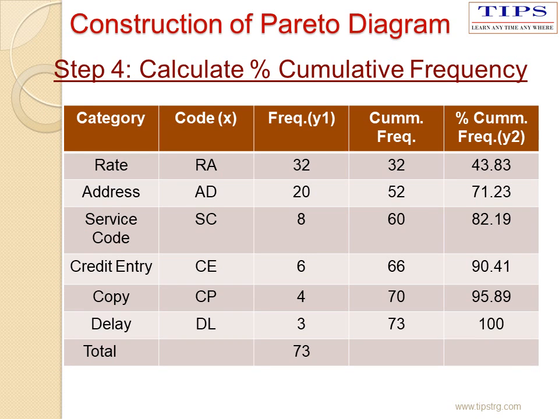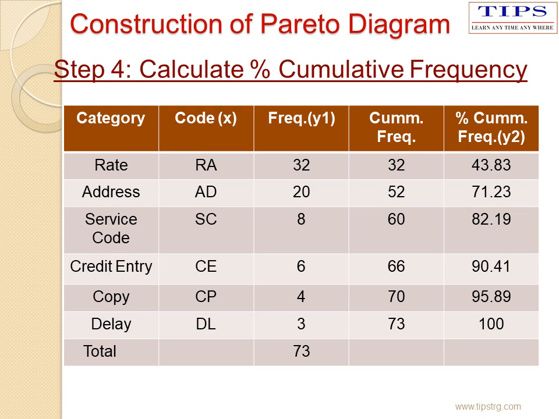Step 4. Calculate the percentage cumulative frequency. How to calculate? We will see here. For the rate, cumulative frequency is 32. Total defects are 73. So the percentage cumulative frequency will be 32 divided by 73 multiplied by 100, which is equal to 43.83.